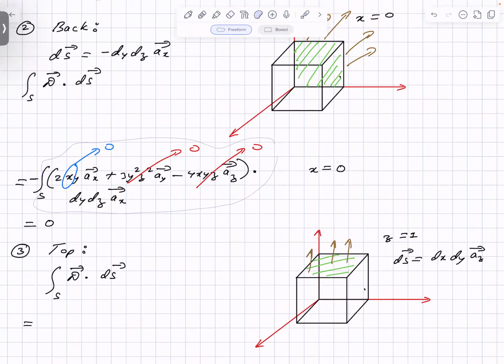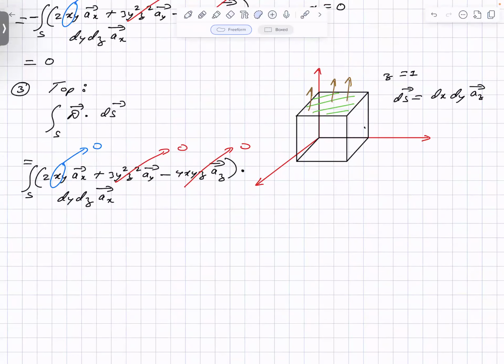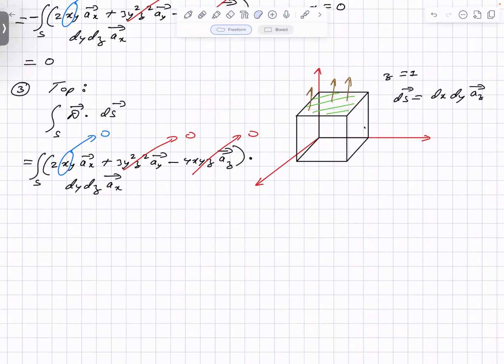Okay, we can copy, but we'll have to change it. These two terms, now they won't cancel. Hold on. We have to change ds to dx dy az.